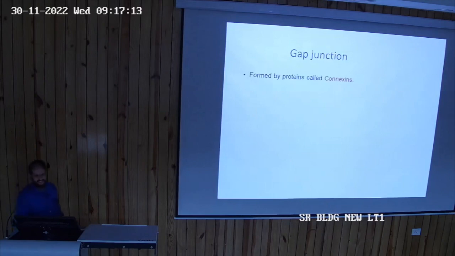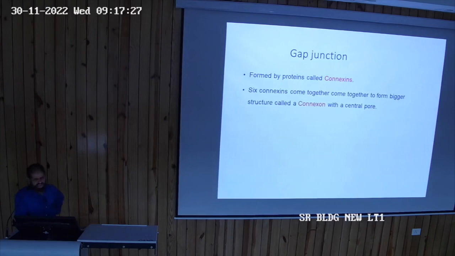Then we have discussed that these are formed of certain proteins. Those proteins are called connexins. ये जो गैप जंक्शंस बन रहे हैं, एक दूसरे से कम्युनिकेट कर रहे हैं, इसमें प्रोटीन्स होते हैं which are called connexins. Six connexins come together from each side, दोनों साइड के सेल से, and form a bigger structure called a connexon.